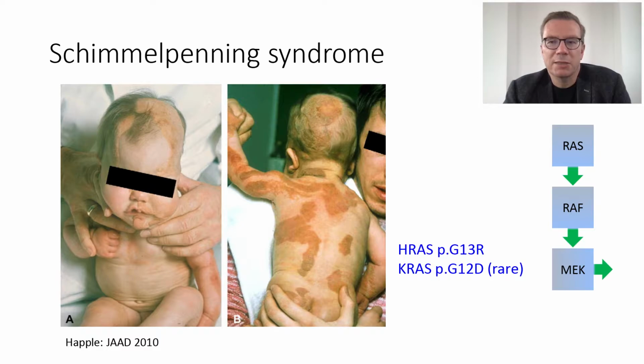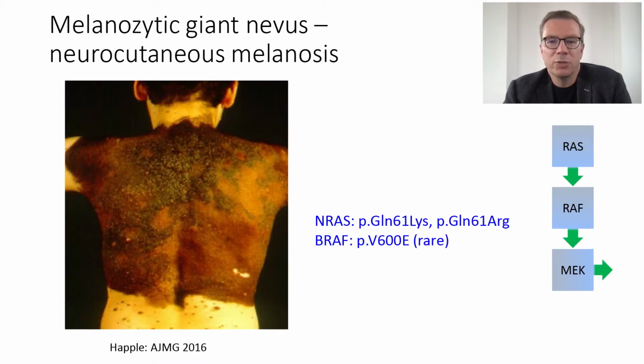In the case of the RAS MAP kinase pathway, Schimmelpenning syndrome is a complex disorder with systematized nevus sebaceous and other lesions that occur through HRAS or KRAS mutations in the mosaic state. And NRAS mutations or BRAF mutations as mosaics can cause giant melanocytic nevi or neurocutaneous melanosis.